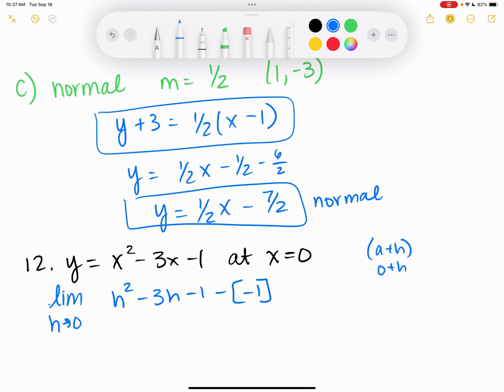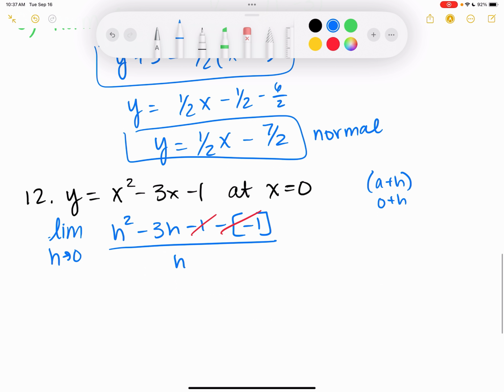And then obviously all over h. So I got 1 minus a -1, so that goes away. Can go ahead and factor out my h. So the limit as h approaches 0, h times h minus 3 over h. I'm shortcutting the process a little bit, but that would then be -3.